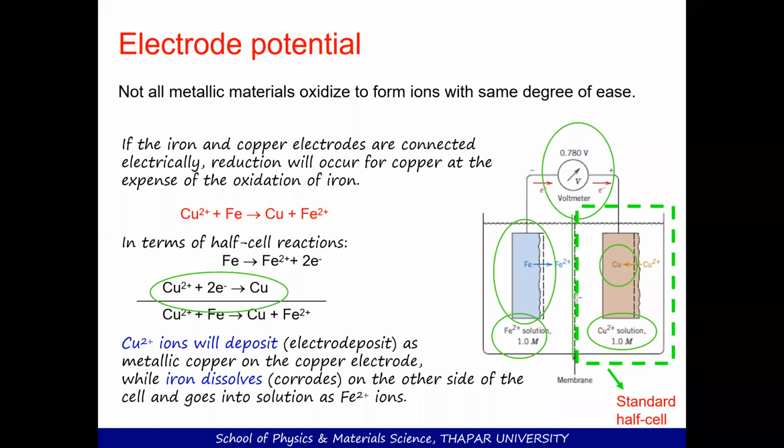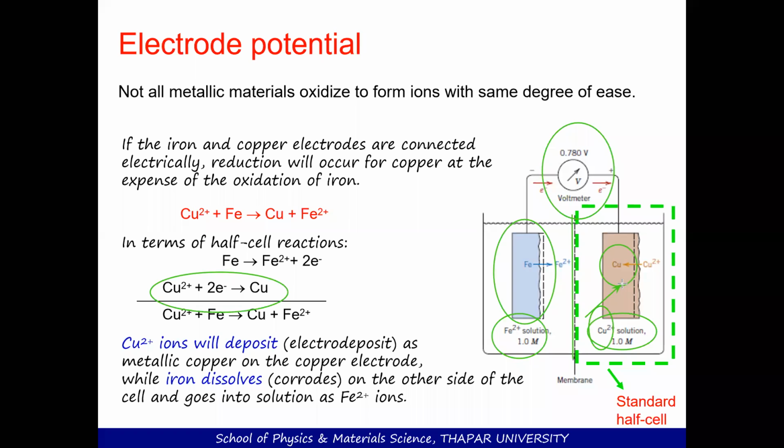The Cu2+ ions in the electrochemical solution accept the two incoming electrons, get converted into neutral copper, and that neutral copper gets deposited from the solution onto the metal plate. So you have electrode deposition of copper happening on the half cell where there is the copper plate.